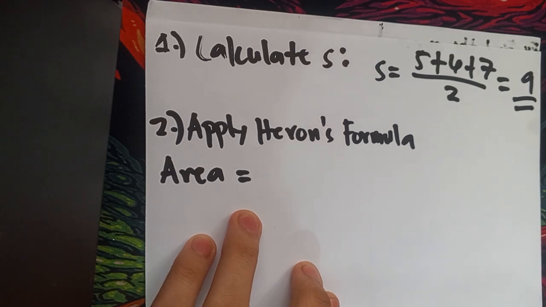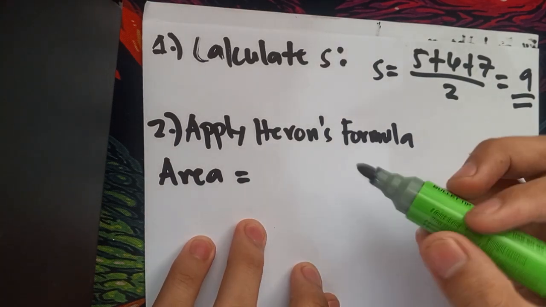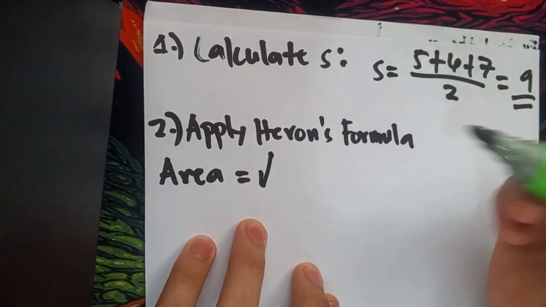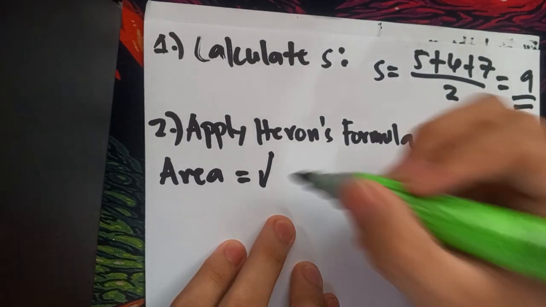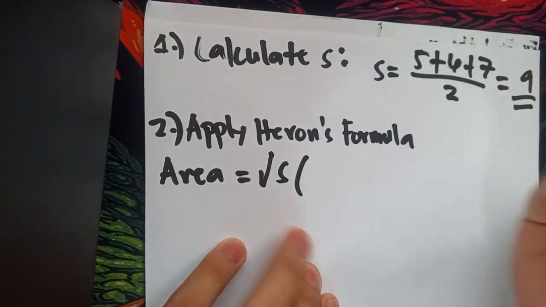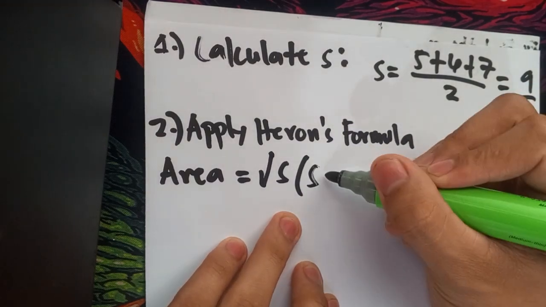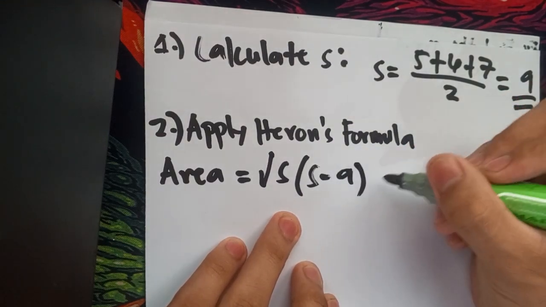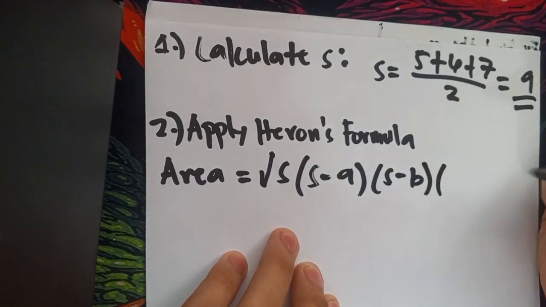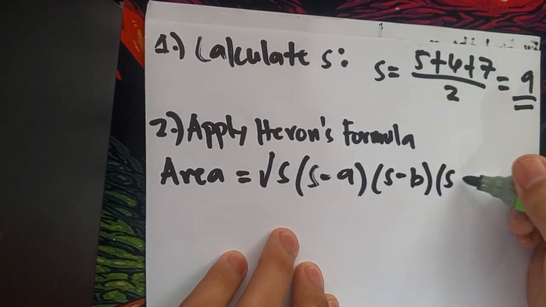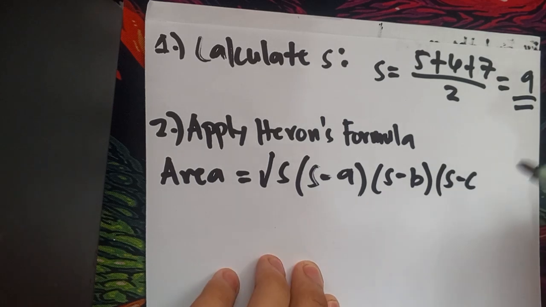Then the second and final step is to apply Heron's formula: area is equal to the square root of s times (s minus a) times (s minus b) times (s minus c).